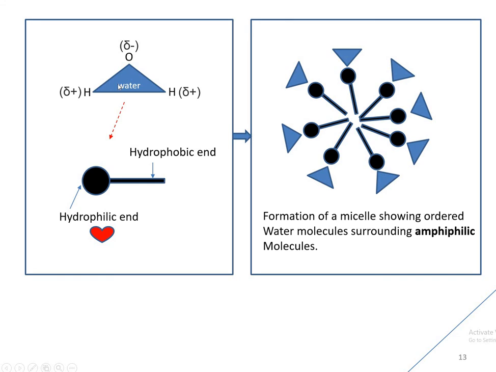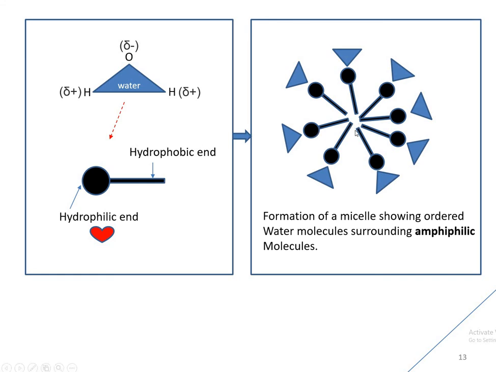There, water molecules with oxygen and hydrogen, partial negative and partial positive, and then we have these amphiphilic molecules. Just to remind you, this is hydrophilic, meaning water loving, and then hydrophobic. Like we described earlier, the head, as a hydrophilic end, will tend to be attracted to the water molecules, while the hydrophobic end is somewhat afraid of the water molecules.